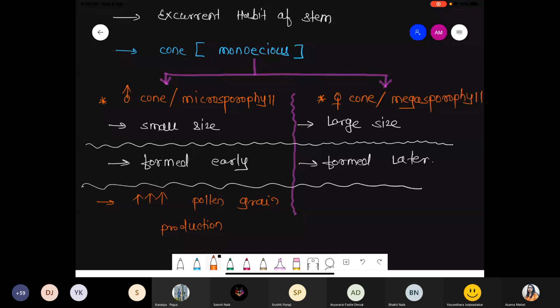But the female produces limited egg number production. So male pollen grains are produced in high amounts, in multiple amounts, very many. I'll show the diagram later. But the female cone can produce only a limited number.